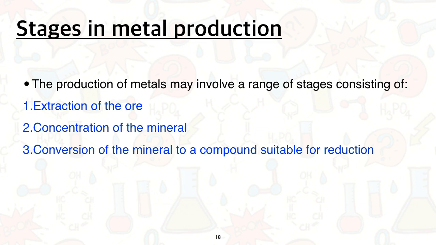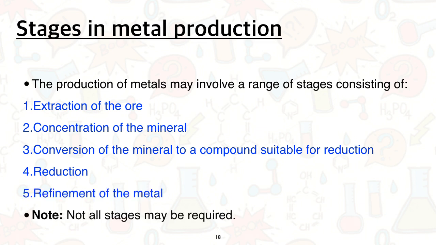We have to convert them into a suitable form. Then we obviously have to carry out reduction, because it's about taking those metals in combined form and reducing them to form metal elements. Sometimes we also need to refine the metals if they are of not high enough purity for what we need them for. And like I said, not all stages may be required. So an example would be aluminium production, as we'll see later.